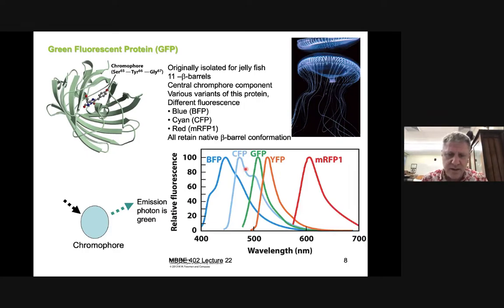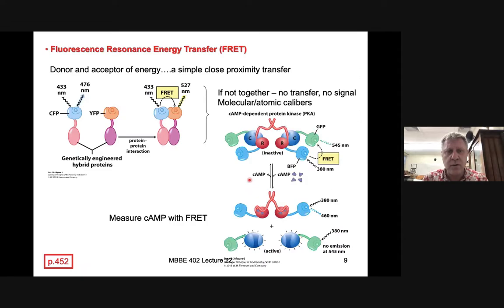But because these overlap, if they're in close proximity to each other, they're going to basically stimulate the other chromophore. So let's have a look at this specifically when we look at an engineered protein that still retains its biological function, in this case an affinity to two other proteins. So both are engineered to contain a fluorescent protein part in their primary structure, but they still fold and still exhibit the same affinity to each other.